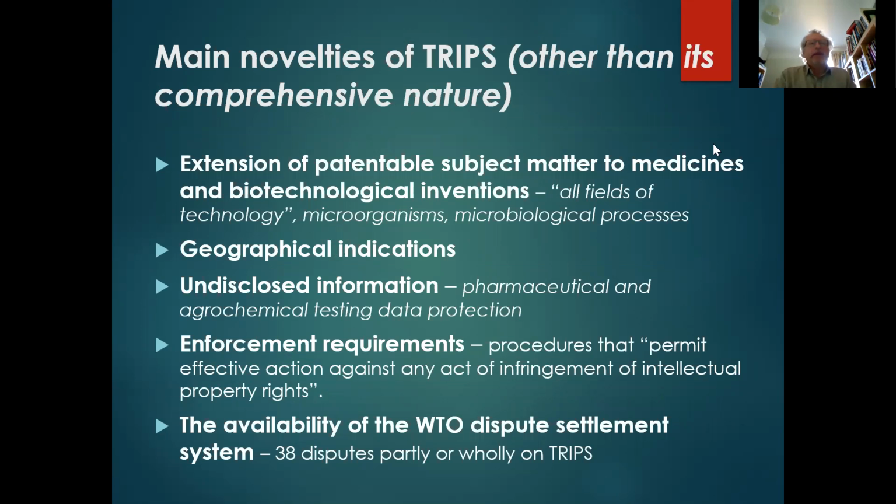Okay, so intellectual property is nothing new, right? Patents and copyright and trademarks go back to the 19th century, in some countries even earlier, so there's nothing new. And WIPO, the World Intellectual Property Organization, which administers about 24 treaties on intellectual property, is the main international organization dedicated to promoting IP around the world.